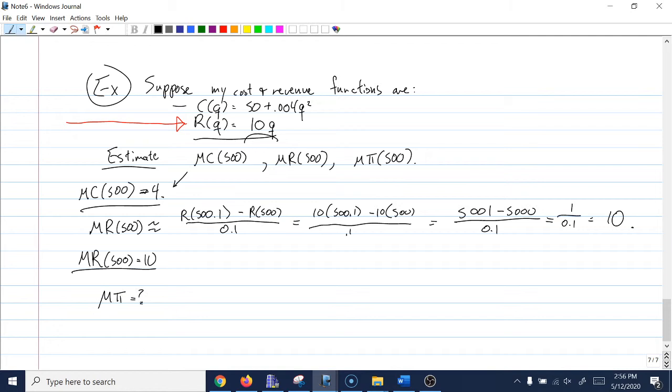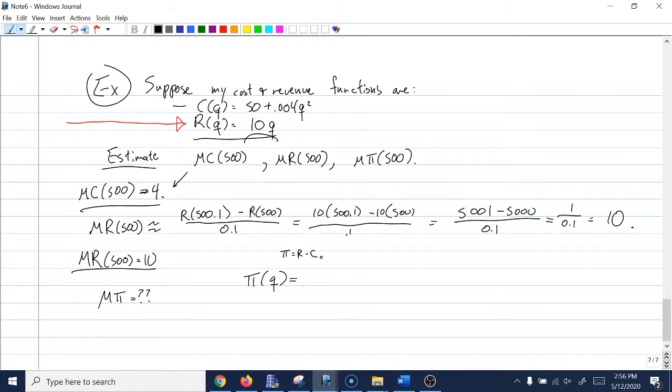To find marginal profit, I need to find the profit at 500.1 and the profit at 500. I guess it's probably worth it to write down the profit function. If I want to take the derivative of a function, I would like to have a formula for it.